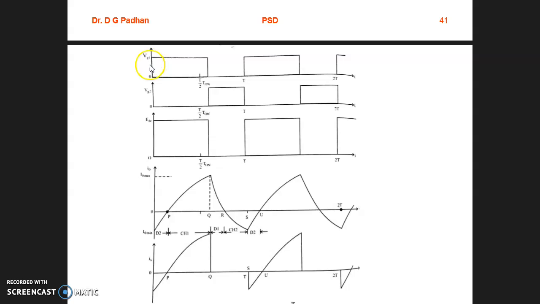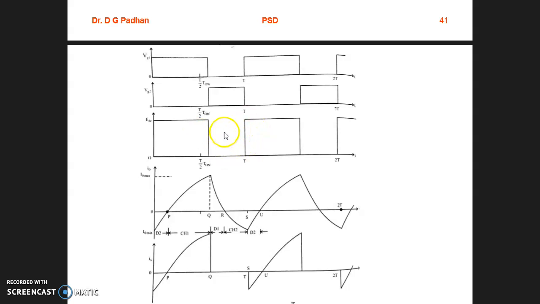Here Vg1 and Vg2 are the gating signals given to chopper 1 and chopper 2. Now consider the operation when the duration of the gating signal Vg1 to chopper 1 is greater than that of Vg2 to chopper 2.